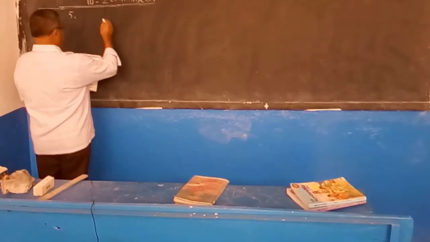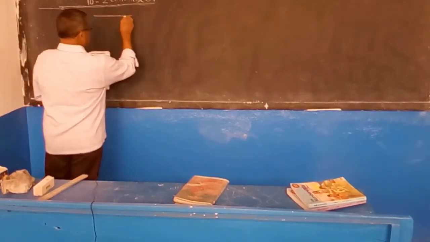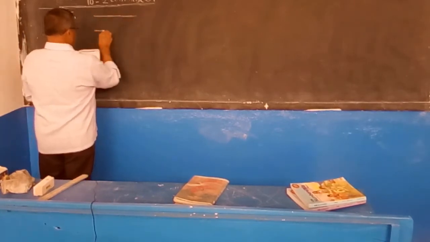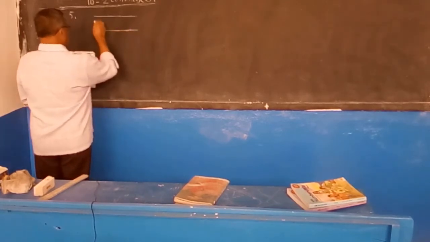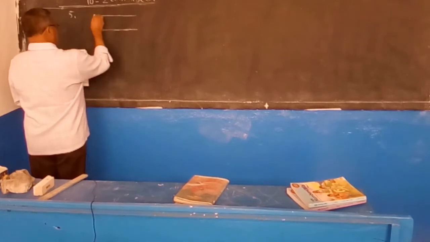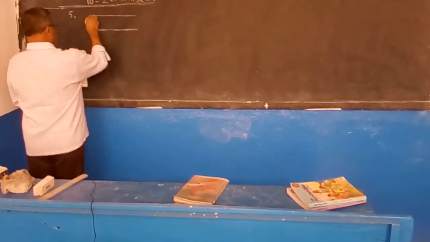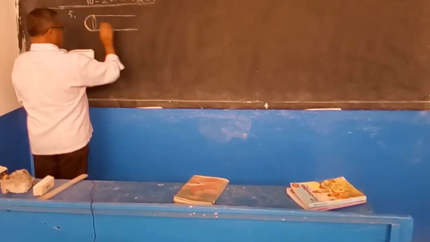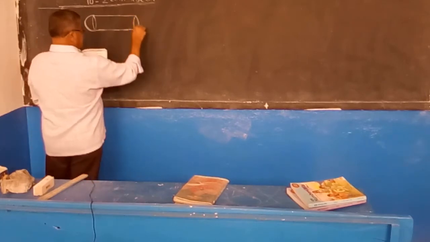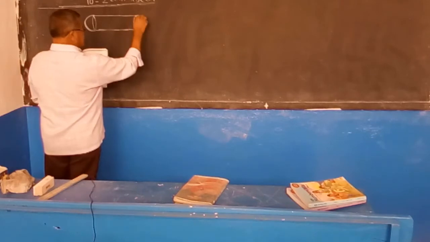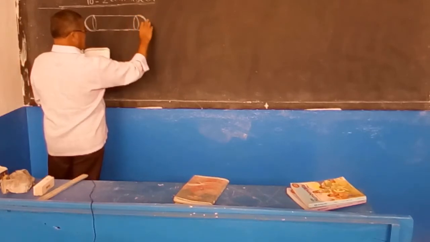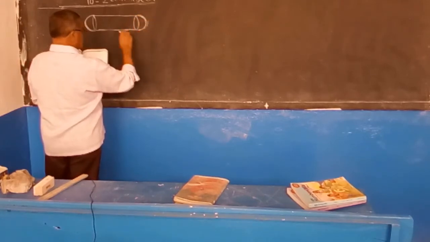A storage tank consists of a cylinder. At both ends, hemispheres are combined. Two hemispheres. This is the storage tank. We have to find its TSA for painting.